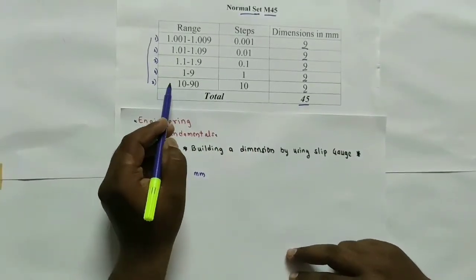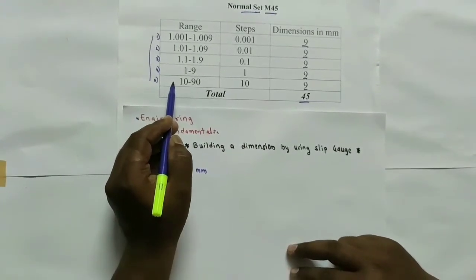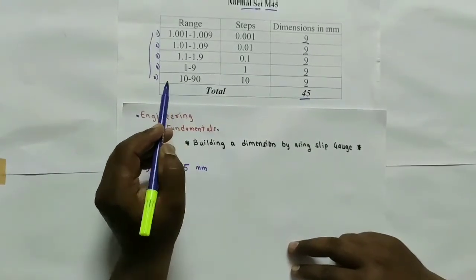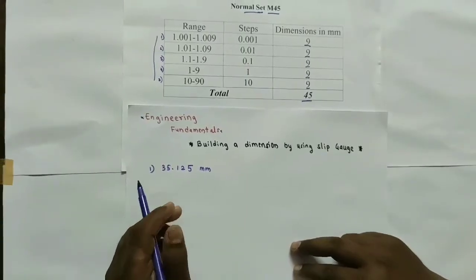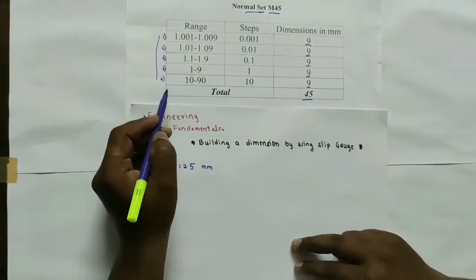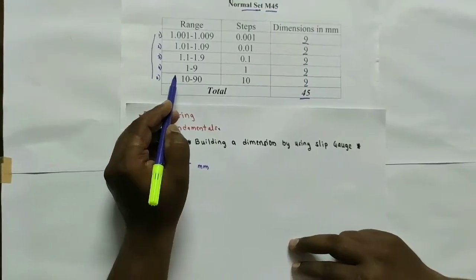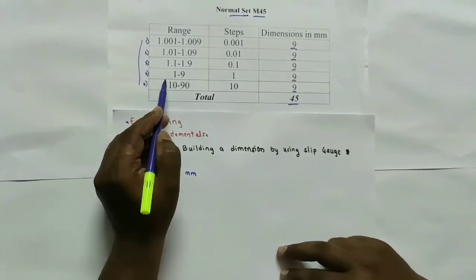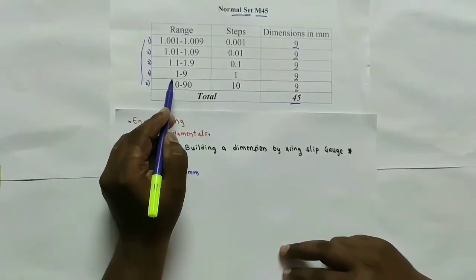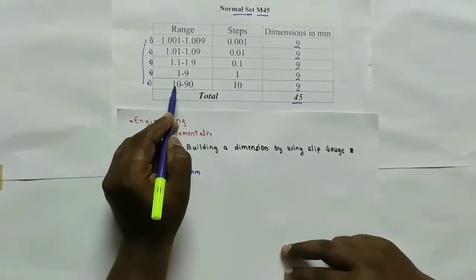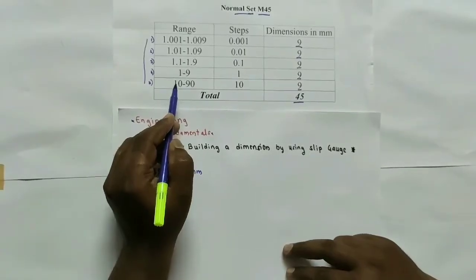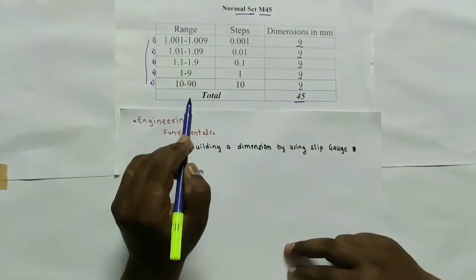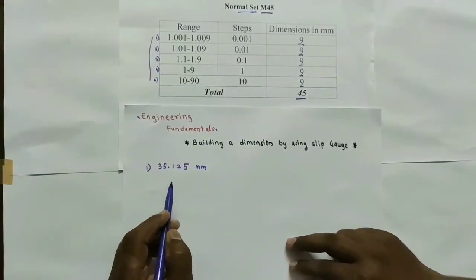Third, use the minimum number of slip gauges so that it will reduce the error. So these 3 rules you have to keep in mind whenever you are building a dimension by using any set.